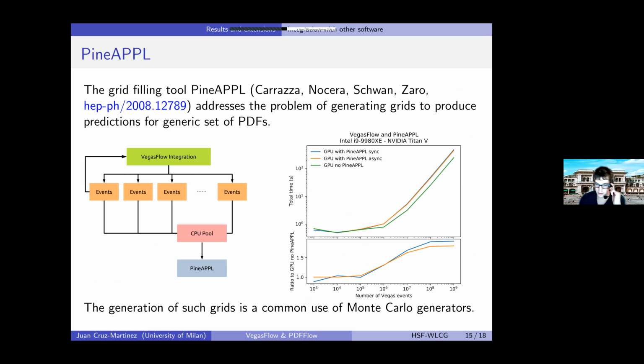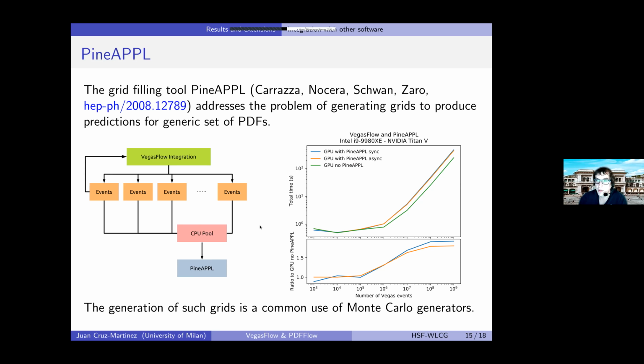And we did a first implementation with a third-party tool. So this is the PineAPPL grid filling tool, which is to be compared with APPLgrid, I guess, which is written in Rust, but it has both Python and C interfaces, so that it is easily integrable.